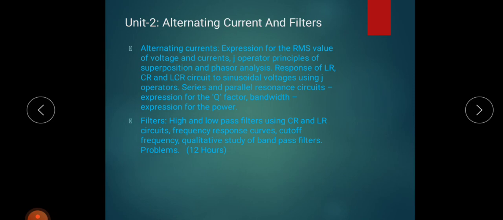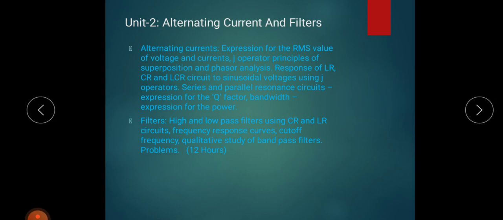It includes alternating currents, expression for the RMS value of the voltage and currents, J operator, principle of superposition and phasor analysis, response of LR, CR and LCR circuit to sinusoidal voltages using J operators, series and parallel resonance circuit, expression for the Q factor, bandwidth, also expression for the power.